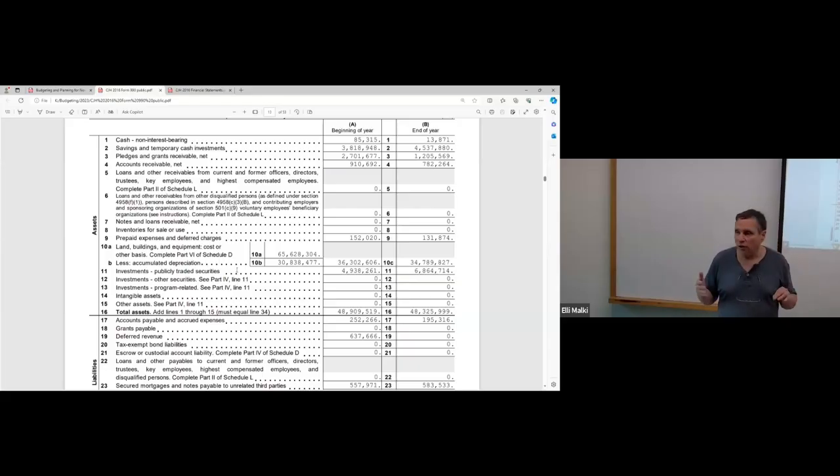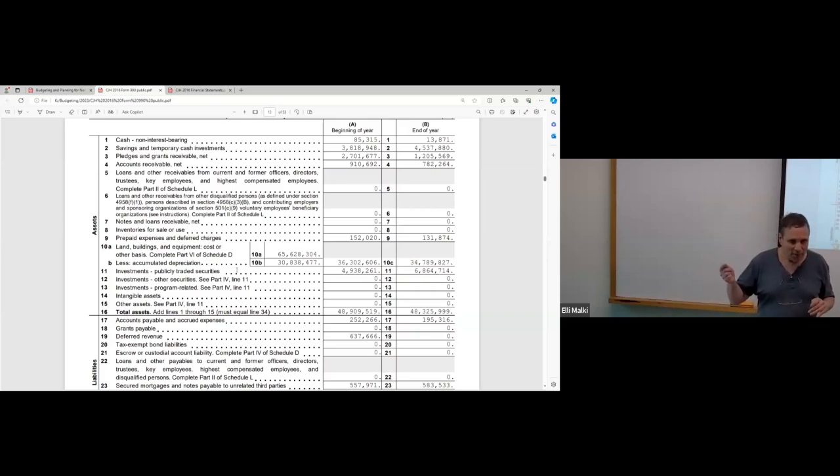calculated accordingly. So if, let's say, I have a piece of equipment which I bought for $1,000, and let's say for simplicity that the economic lifespan is 10 years, okay? So since the time that I bought the equipment, every year I have to deduct 1 divided by 10, 10% of the value. So if I bought it exactly at December 31st of a certain year, it will be reflected this year at the value of $1,000.